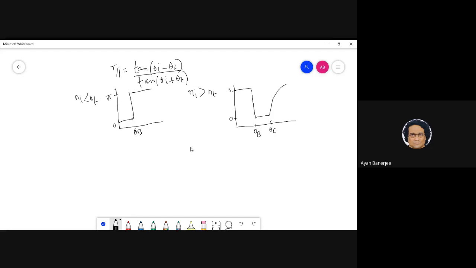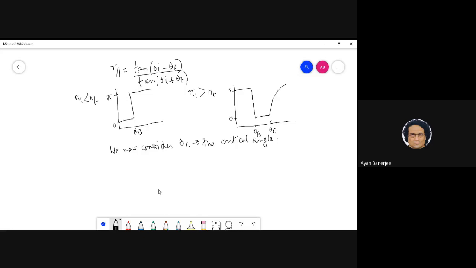Now let us look at the interesting case of the critical angle. We now consider theta c, the critical angle. What is the meaning of this?